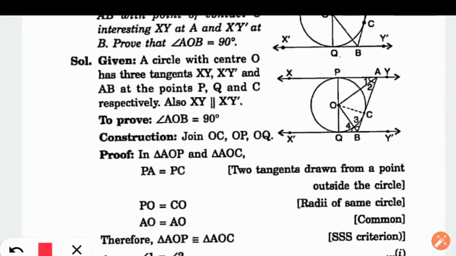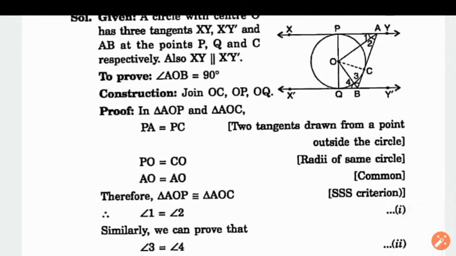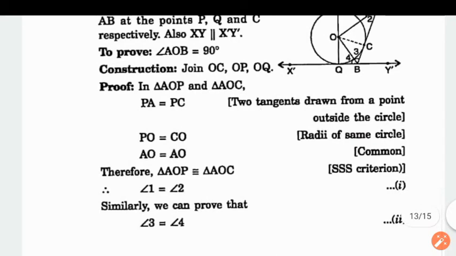How have I done this? We can say that AP is equal to AC, since from an external point, when two tangents are drawn they must be equal. PO must be equal to OC because they are the radii of the same circle. Now AO is equal to AO because it is common. So by SSS criteria these two triangles are congruent.